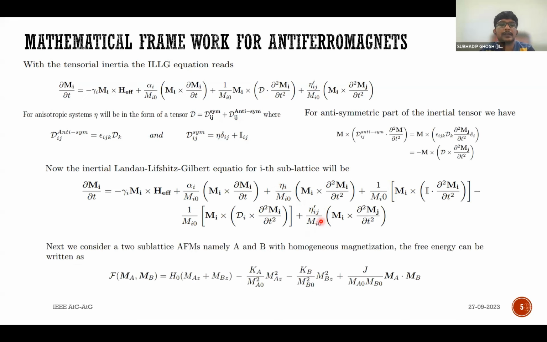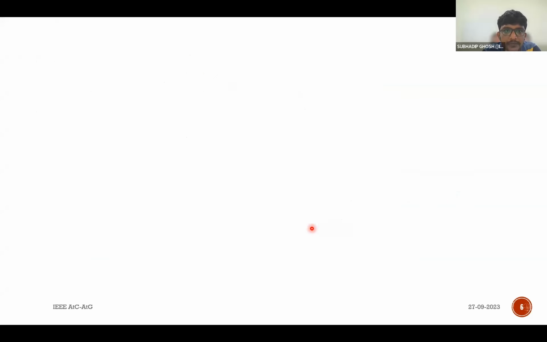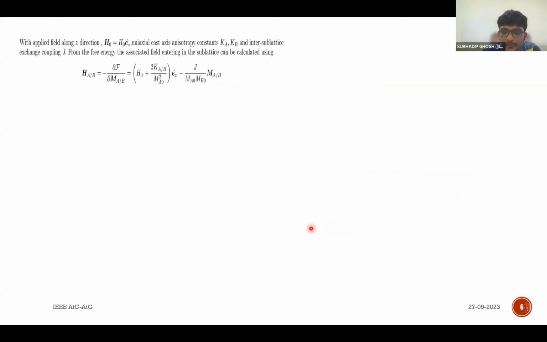Now I calculate. So we already know the ferromagnetic free energy. From this expression, I calculate the H effective here by using this formula.